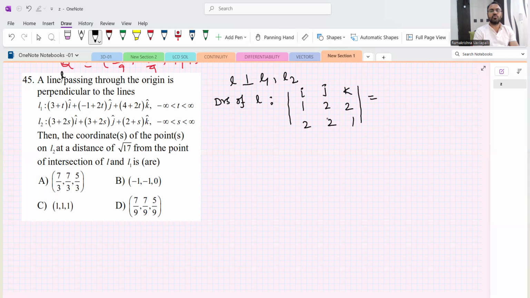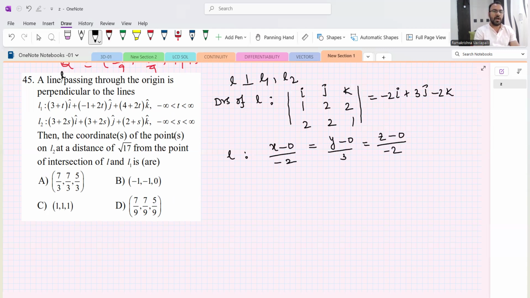This is equal to (2 minus 4)i minus (1 minus 4)j plus (2 minus 4)k, that is minus 2i plus 3j minus 2k. So what is the line L? Line L passes through the origin, so (x minus 0) by minus 2, (y minus 0) by 3, (z minus 0) by minus 2. Well done.